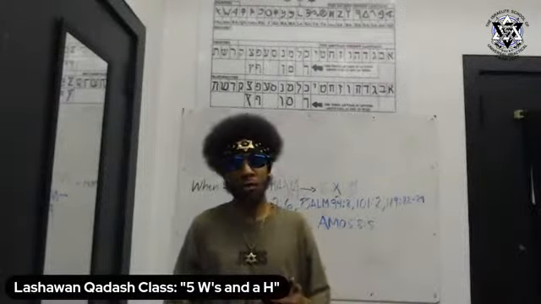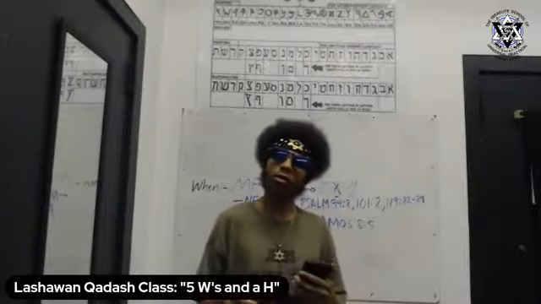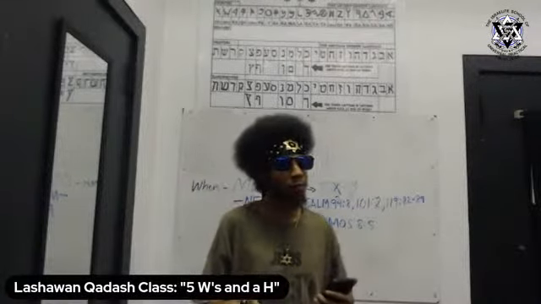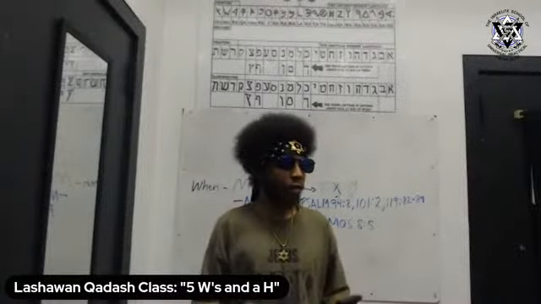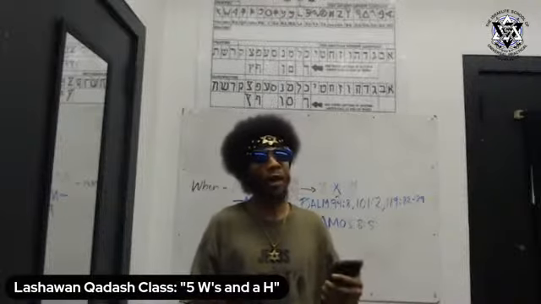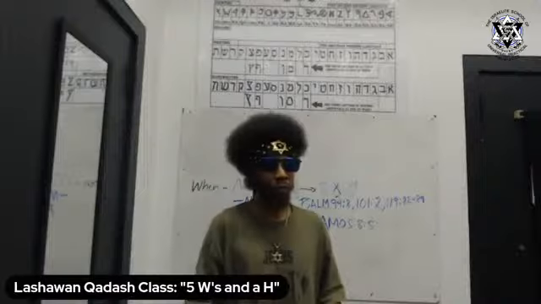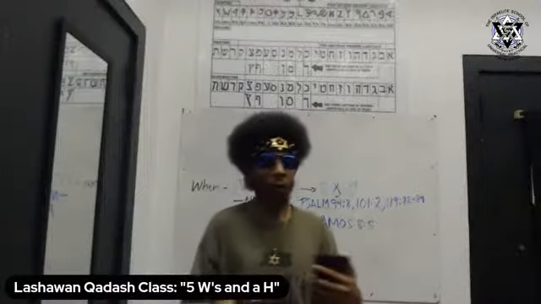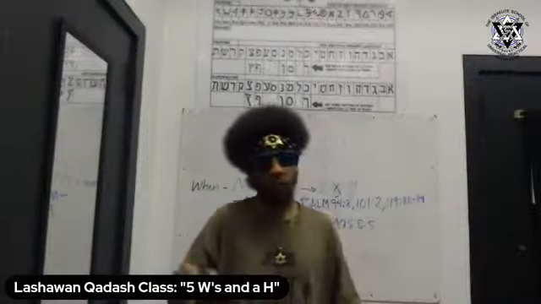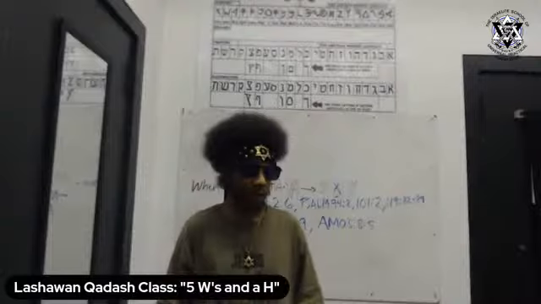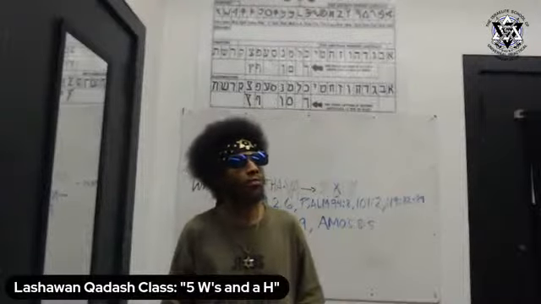Now, let's say there's something you are thinking about, and there's not a word for it. There's a way to create a word for a Hebrew word, all right? Or better yet, there's a way to create a word in order for it to be a Hebrew word, if that makes sense.